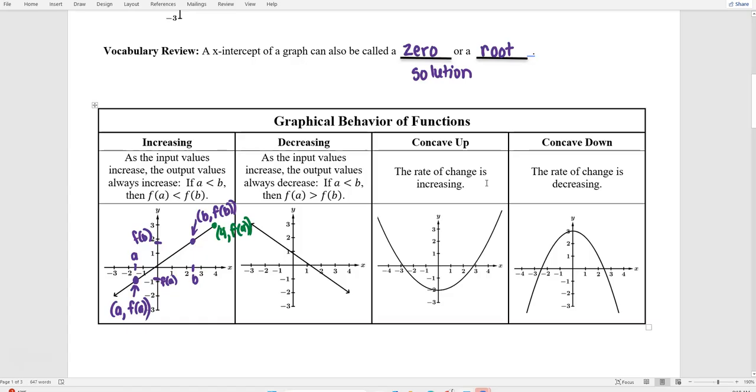Now, rate of change. What have you heard about a rate of change before? What was it related to when you were learning about rates of change? Math 1 is where you really hit it big, but you may have heard it in other classes too. Like if I give you this line right here, if I ask you for the rate of change for that line, what would you do?